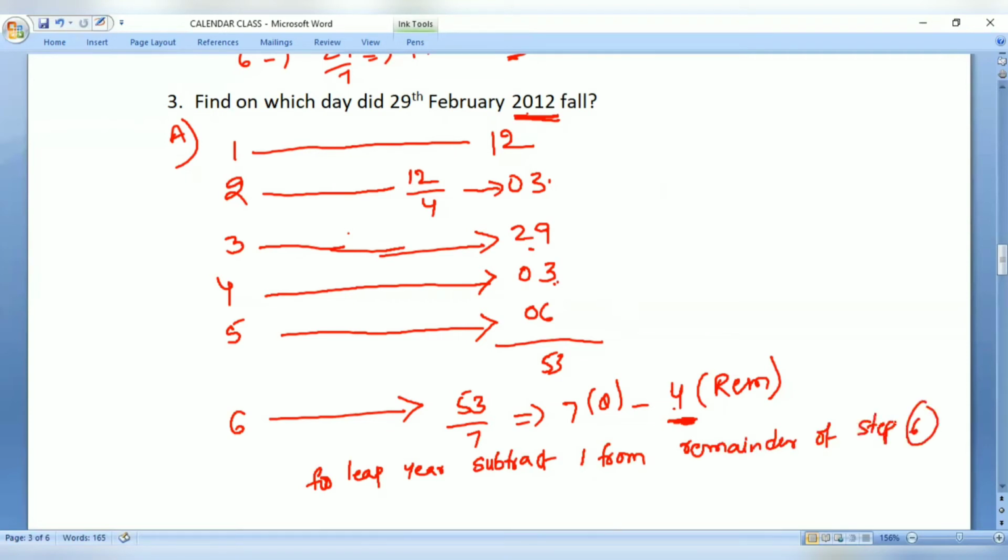What is the remainder in our case? 4. So 4 minus 1 is equal to 3. That means according to the table known to us, 3 stands for Wednesday.